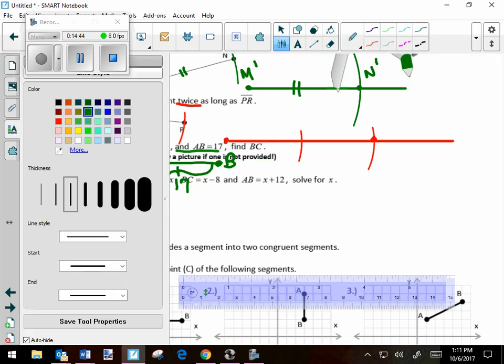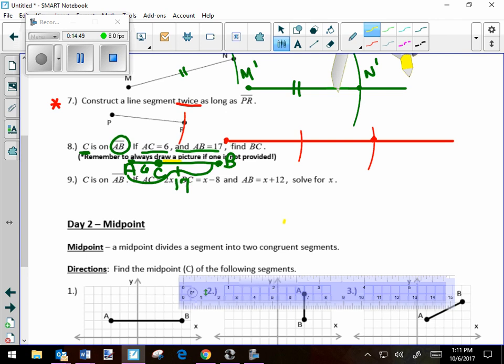So what they're really asking us to find is the part that goes from here to here. Using a little common sense, we know that if the whole entire thing is 17 and we use up 6 for the first portion of it, that 17 minus 6 is going to leave us 11 for the missing part. Seems very easy and very much common sense. We just need to make sure that you can draw that picture and understand what's happening.